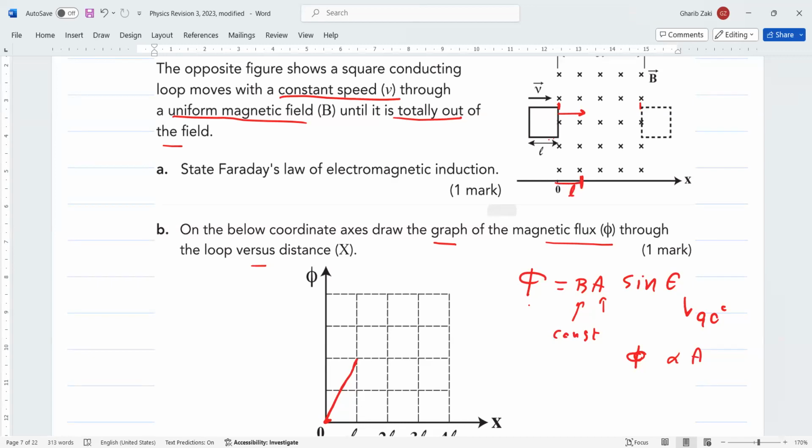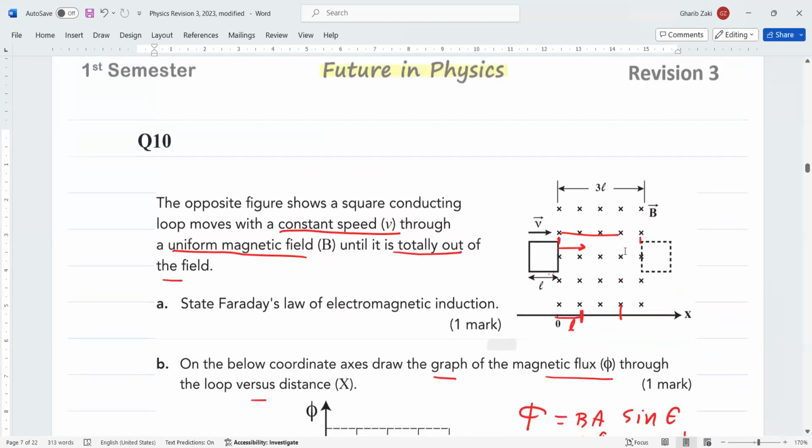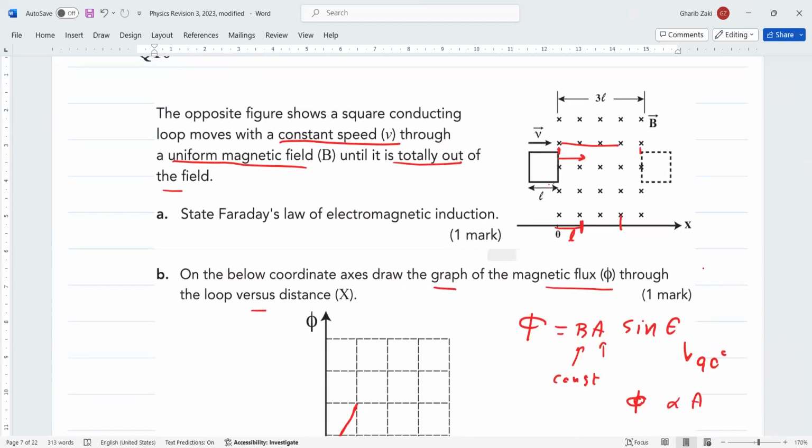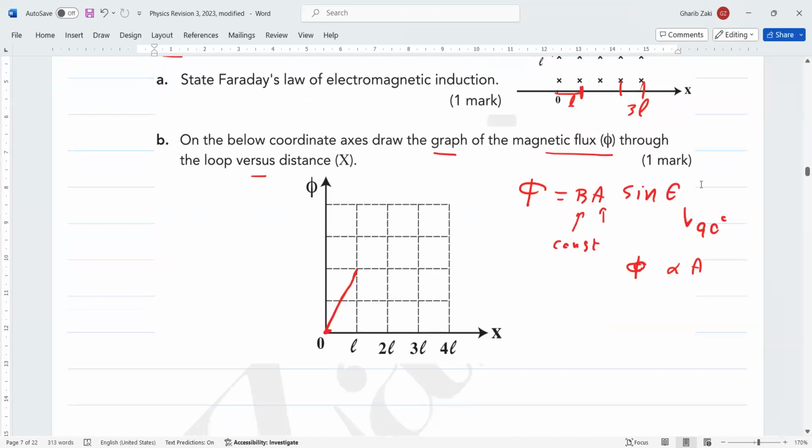When the square is completely inside the field, the flux will be constant, until 3L.